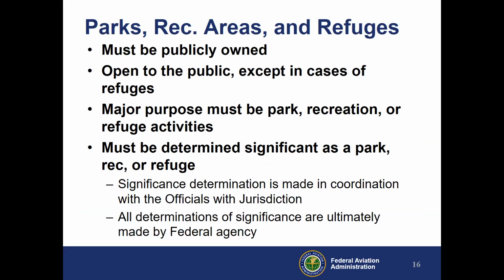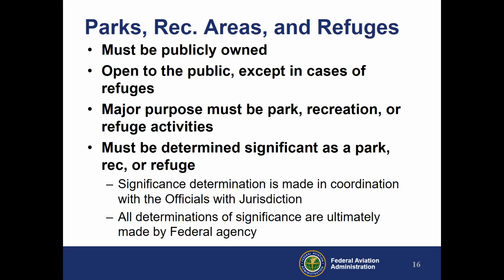So for parks, recreation areas and refuges, it has to be a publicly owned park, recreation area, and refuge. It has to also be open to the public, except in cases of refuges. For example, a school could be considered a recreation area because the playground is for recreation and it's publicly owned often in cases.